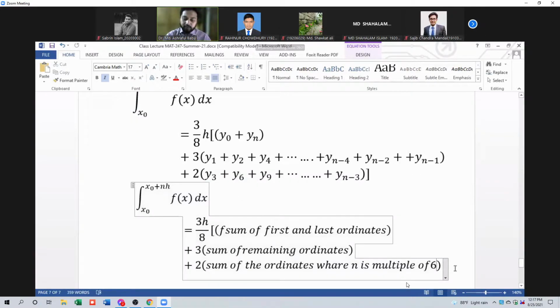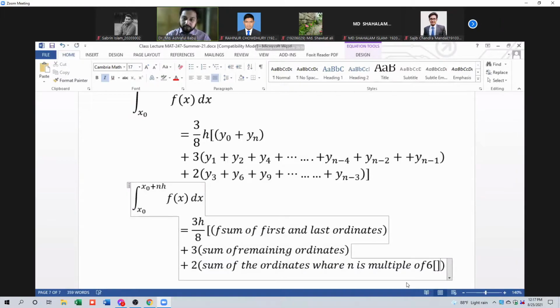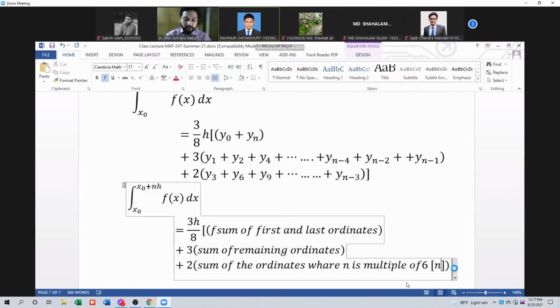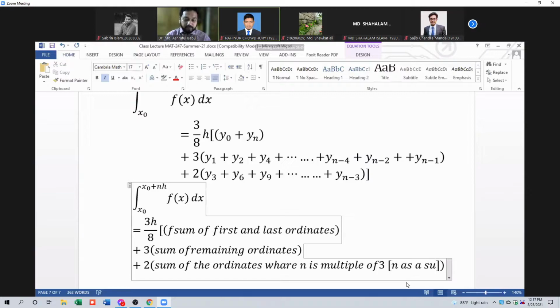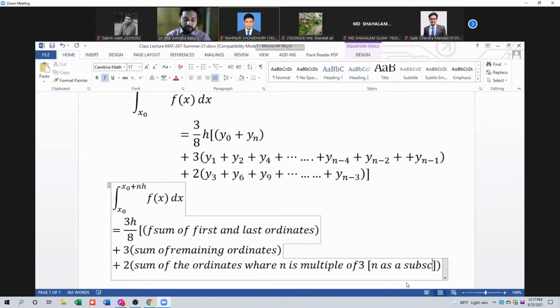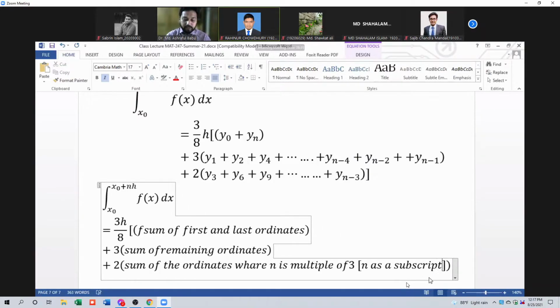So as a side note, I just write: n is a multiple of 3. N is a subscript of y. Understand? Don't be confused with this.